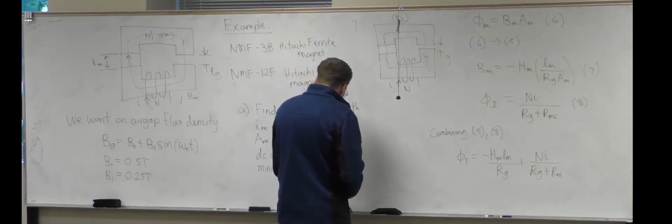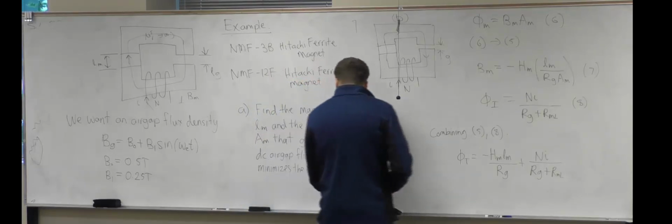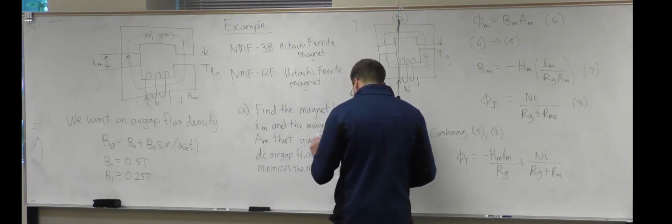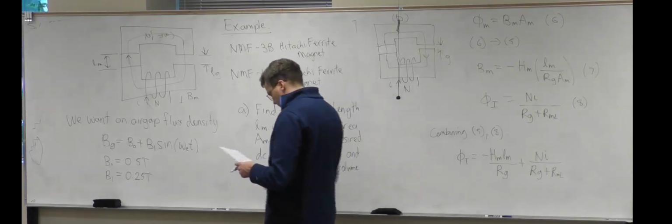So we want the smallest magnet volume. Okay, so that's A.